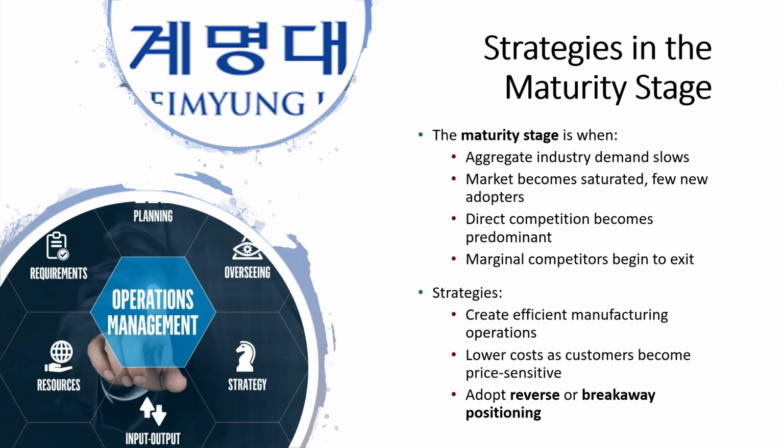In the third stage, maturity, aggregate industry demand begins to slow. Since markets are becoming saturated, there are few opportunities to attract new adopters because it is no longer possible to grow around competition. Direct competition becomes more predominant, and competition intensifies, often on the basis of price. For example, the intense competition between Unilever and Procter and Gamble in the laundry soap business.